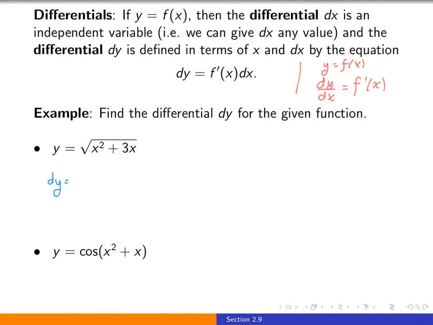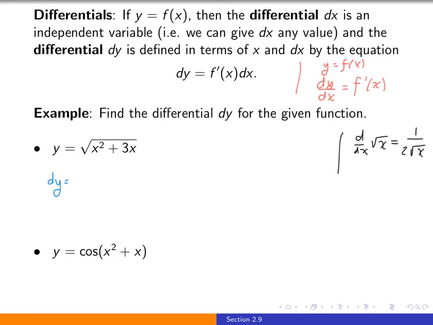The inside function is x squared plus 3x, and the outside function is the square root. Let me remind you of a differentiation formula that we encountered. The derivative of the square root of x is 1 over 2 square root of x.